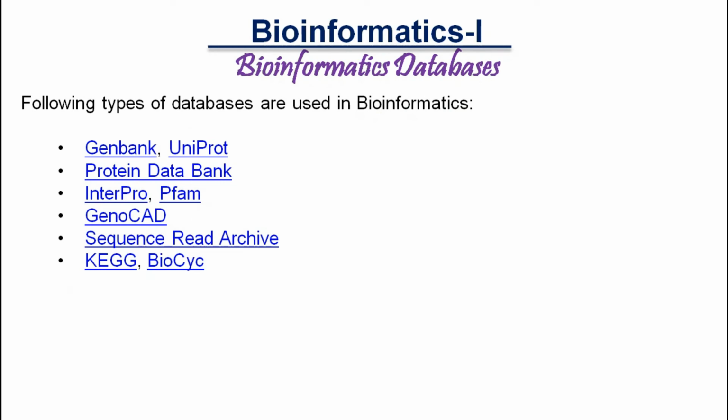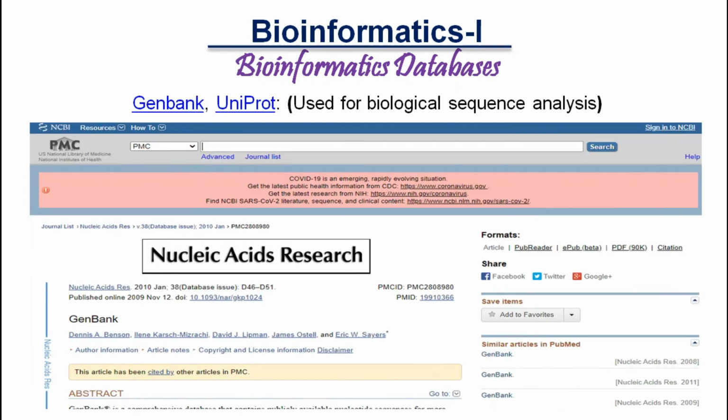Here we have some bioinformatics databases which you can use. Let me explain some of them. Here is GenBank. You can use GenBank or UniProt to retrieve biological sequences or to analyze them by using different tools. We will explain these tools later, like FASTA and BLAST and different types of BLAST.